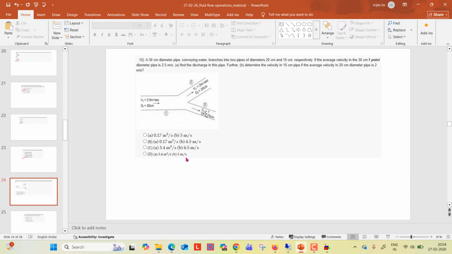Next, you can see this, right? A 30 centimeter diameter pipe conveying water branches into two pipes of diameters 20 and 15 centimeter respectively. If the average velocity in the 30 centimeter diameter pipe is 2.5 meter per second, find the discharge in this pipe. Further, determine velocity in 15 centimeter pipe if the average velocity in 20 centimeter diameter pipe is 2 meter per second.